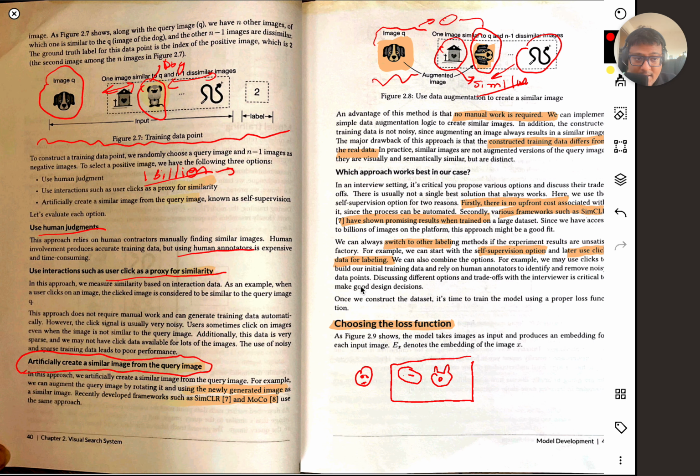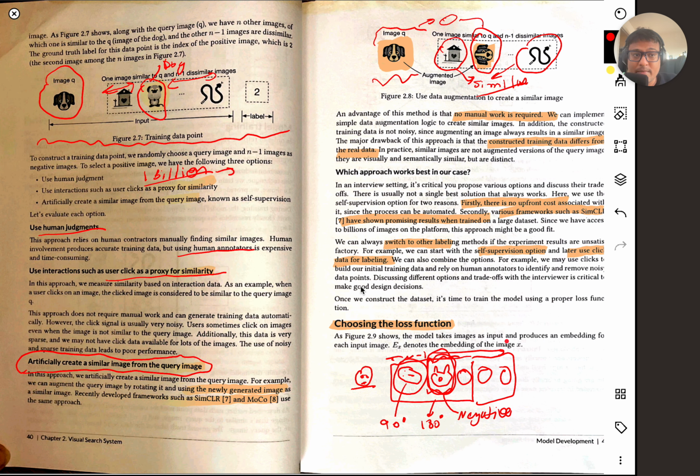When you sample a lot of data, and you have one image which is the rotation, maybe you rotated this dog by 90 degrees, and you have another dog, then technically you cannot treat this other dog as a negative, because that creates a big problem. You cannot guarantee that while you are sampling the other n minus 1 samples, there is no other dog if you don't know the labels of anything. So this can introduce some noise.